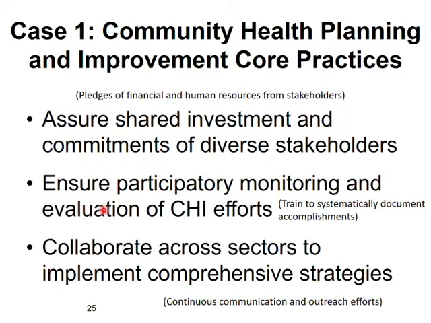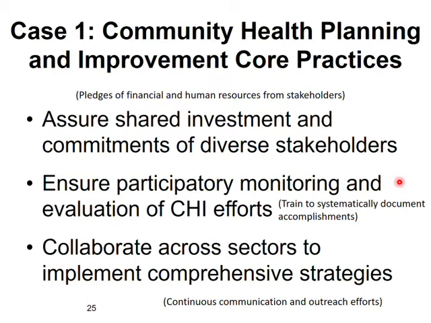Next is to ensure participatory monitoring and evaluation of their efforts, the community health efforts that were put in. To do so, they came up with an idea of training individuals in these efforts to be able to systematically document all the accomplishments.